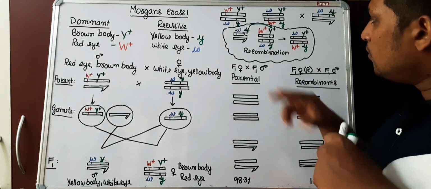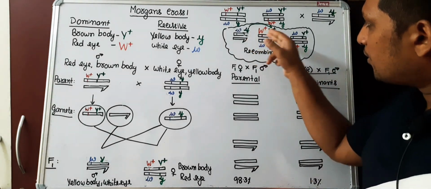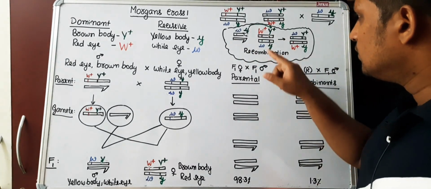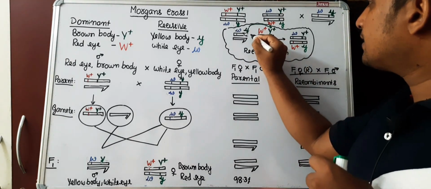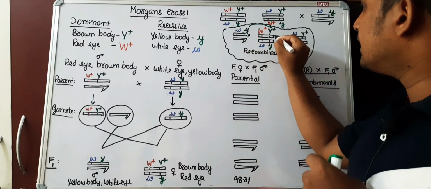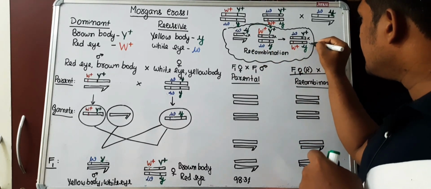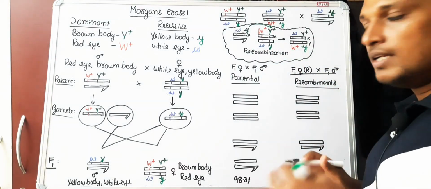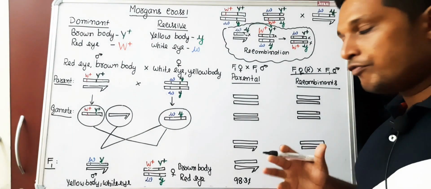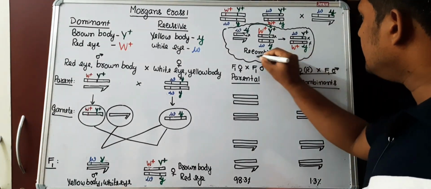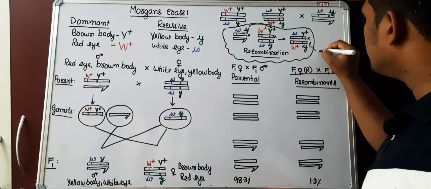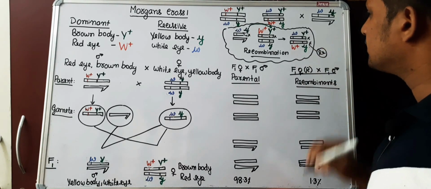Now once there is shuffling of genes between these two, the X of male and the X of female come together and form one F1 generation. The F1 generation which is formed due to recombination, you can call it a recombinant.